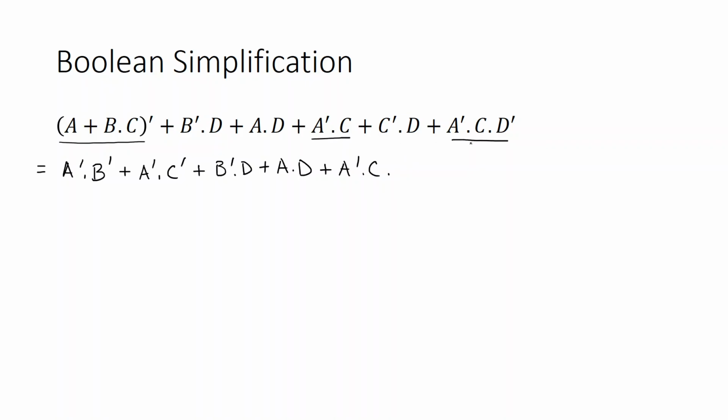So this and this you can combine, and you can take A'C common, and you will get D' plus 1. So that would give you 1 only. So this term does not remain in the second line. So this is what you get.